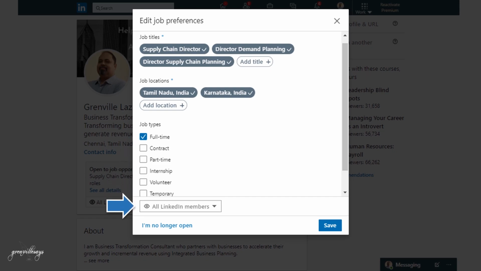You can opt who sees this information and who does not. And if you're not looking for recruitment, you can declare that you are no longer open to opportunities.